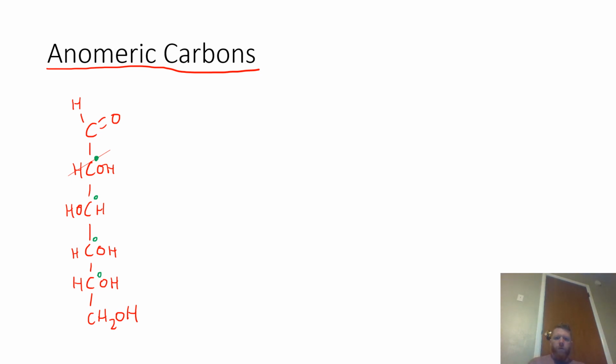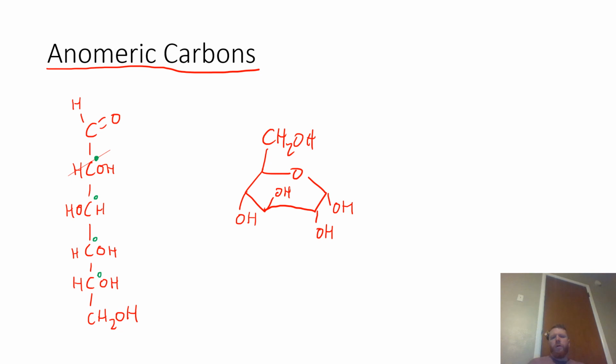Then, whenever we cyclize glucose, we have CH2OH, OH, and OH. Now if we count up our chiral centers, looking at carbon number 1, that's where we can immediately see the difference.